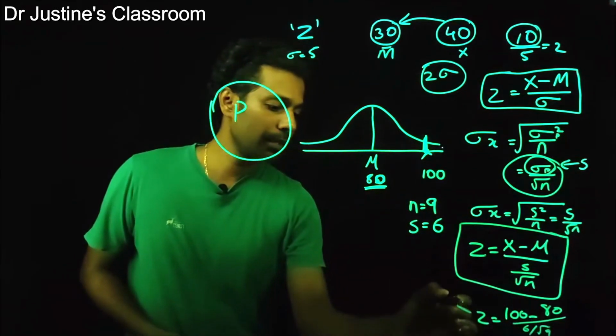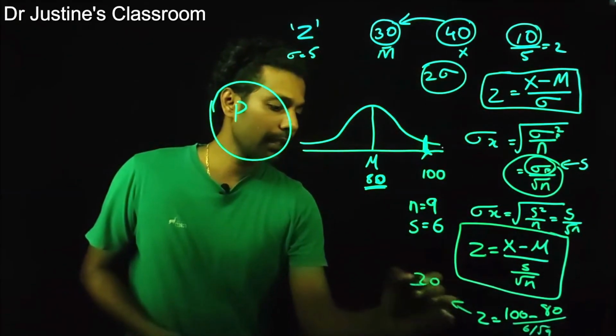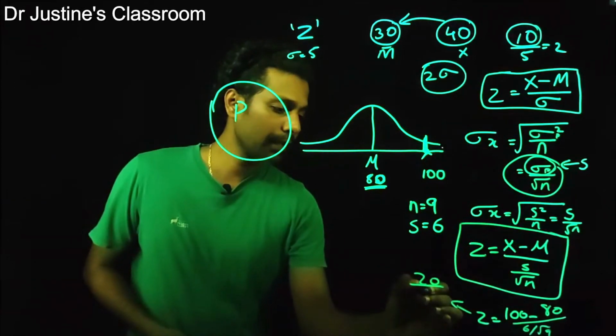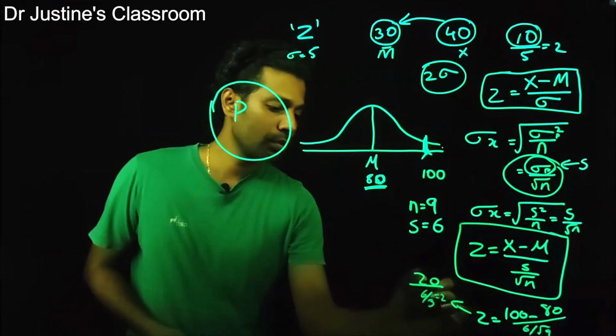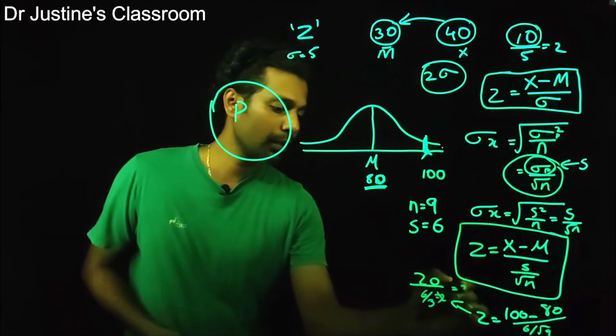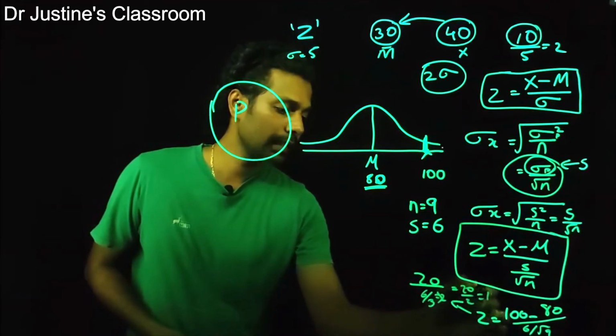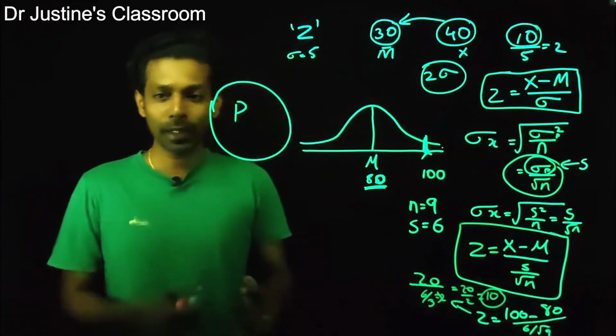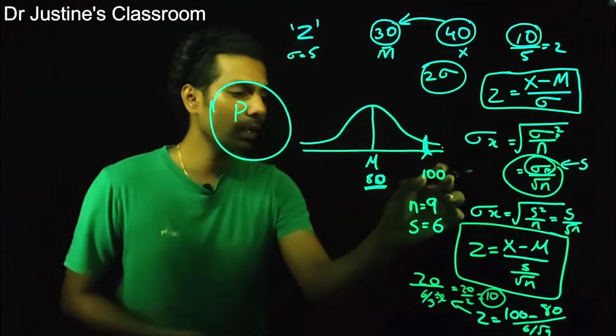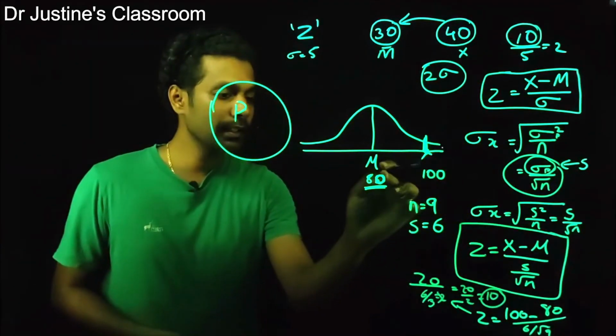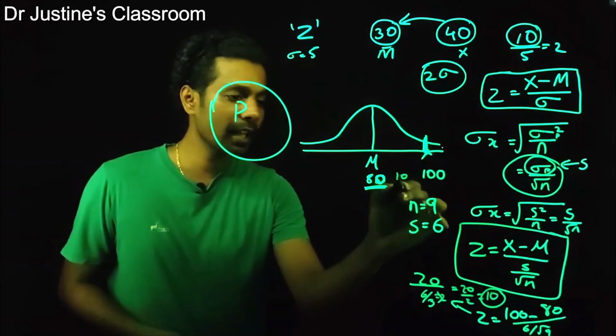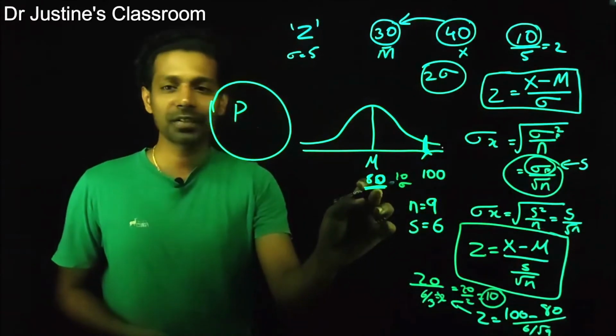So this will be 20 divided by 6 by 3, that is 2. So together it will be 20 divided by 2, that is 10. So what would I conclude here? The value 100 is 10 deviations away from the average value 80.